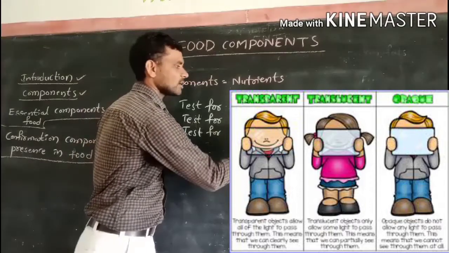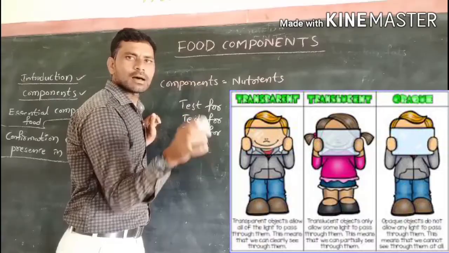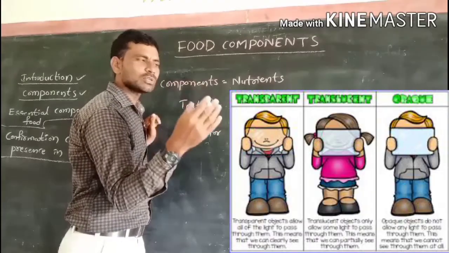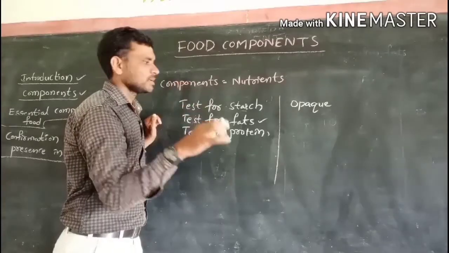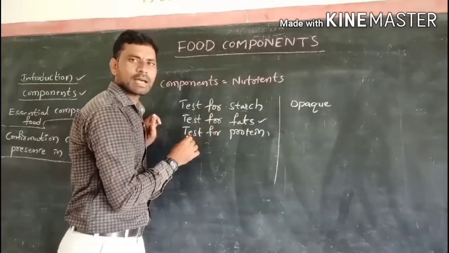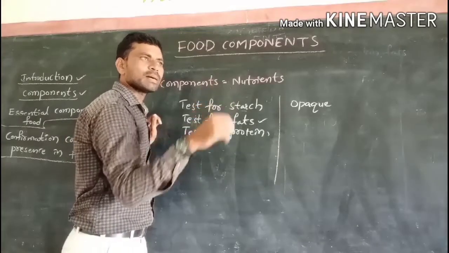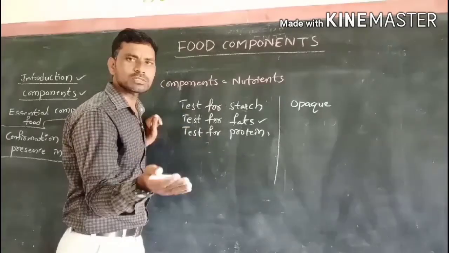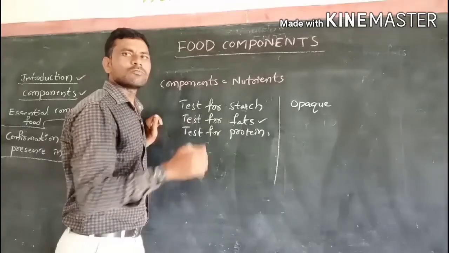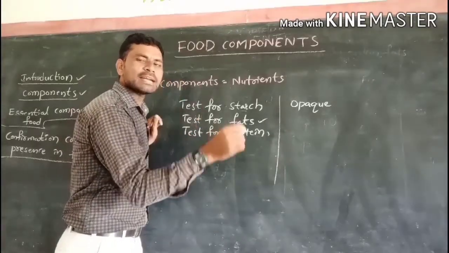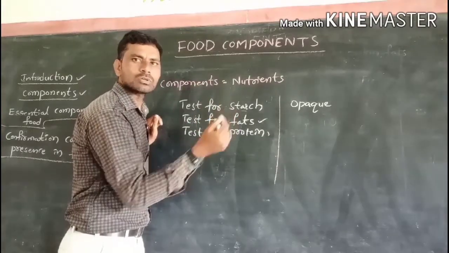So when we add oil, commonly oil is containing fats. When we add oil on the paper, it changes into translucent, which means some stains are appearing. It means the oil is containing fats. You can apply other food items like bread, but the paper is not changing into translucent because the bread is not containing fats. But when we add oil on the paper, it turns translucent.